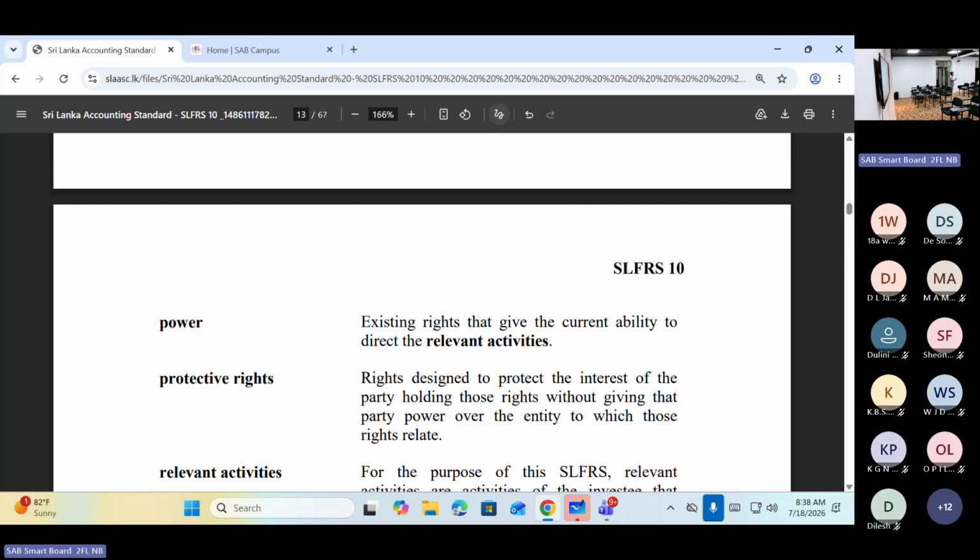Control over the investee means one parent controls other parties' activities to earn revenue. That return is taken by the parent because of its involvement with the subsidiary, for its own benefit. This structure we call a group, right?